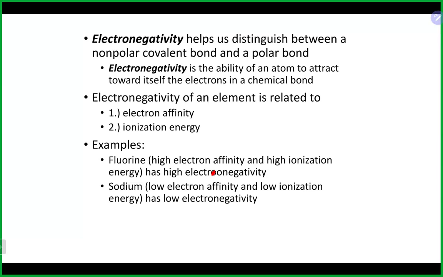Fluorine has high electron affinity, which means it likes to gain electrons, and it has high ionization energy, which means it does not like to give away its electrons. It takes a lot of energy to try to remove an electron. And sodium, on the other hand, has low electron affinity. It's not looking to gain electrons and has low ionization energy, which means you could pretty much just give away its electron pretty easily. It's not going to put up much of a fight in that particular case.